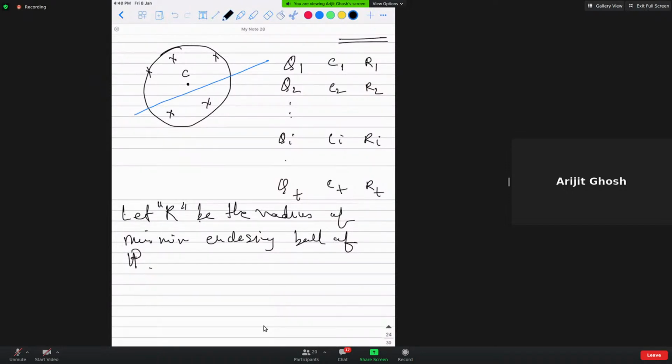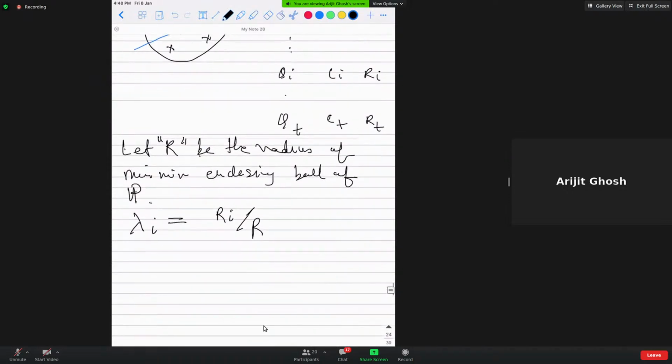We define lambda I to be equal to Ri by R, and delta I is equal to the distance between Ci and Ci plus 1. So how much did the center of the minimum enclosing ball move when I modified Qi to Qi plus 1?